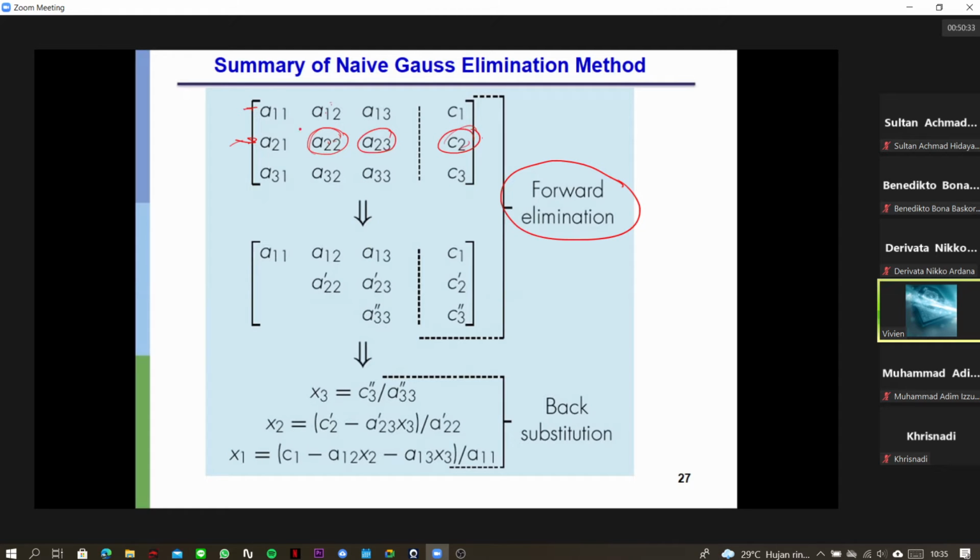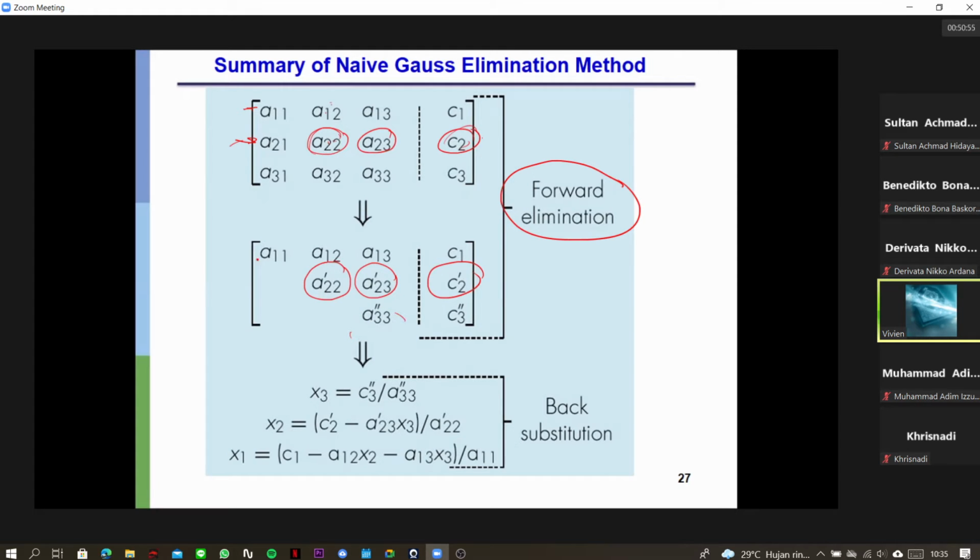So when we subtract the first row multiplied by a constant from the second row, this value will be changed, so we give an accent here. It means it will not be similar to the initial value, and so on, yeah.